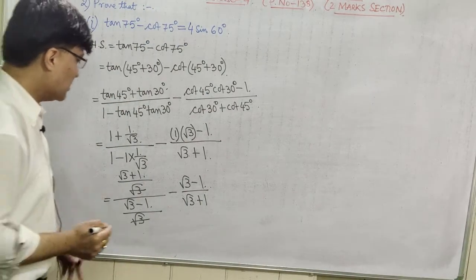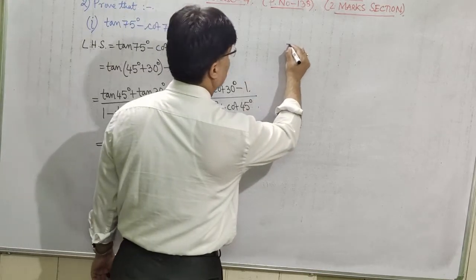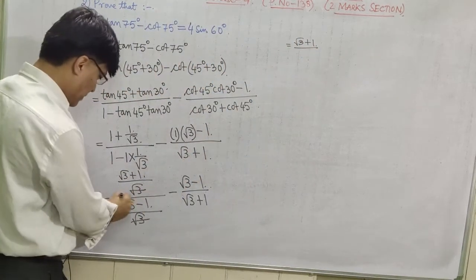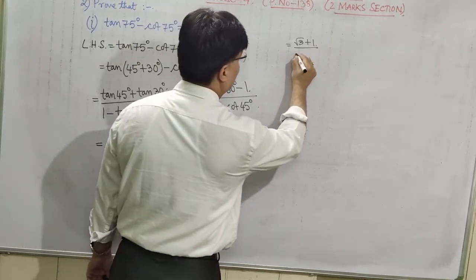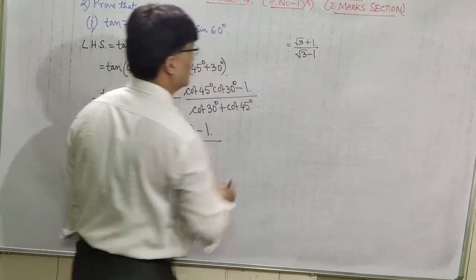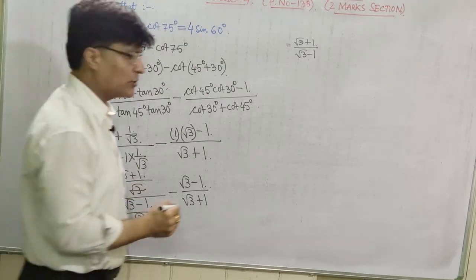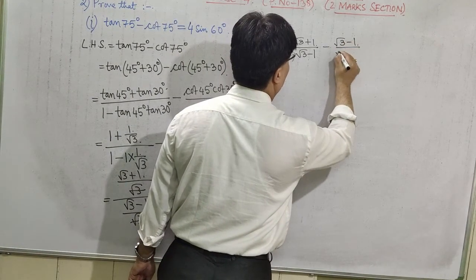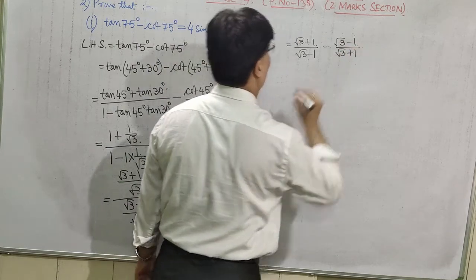So the first term is root 3 plus 1 in the numerator divided by root 3 minus 1, minus root 3 minus 1 divided by root 3 plus 1.